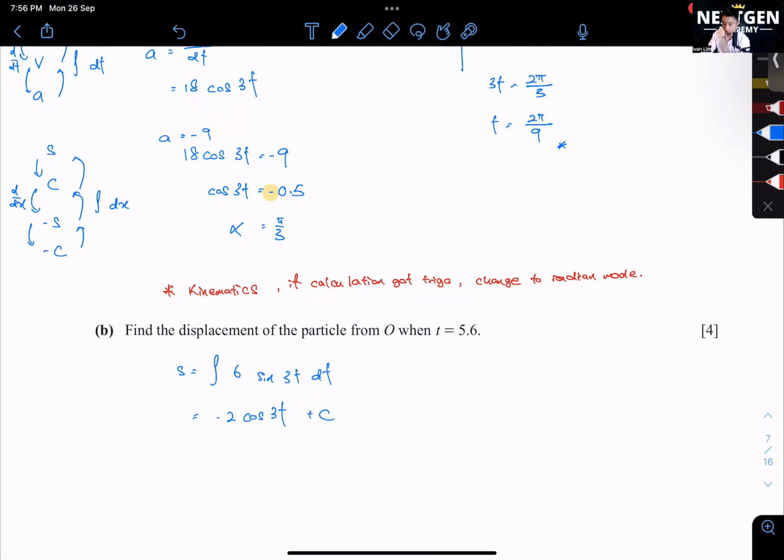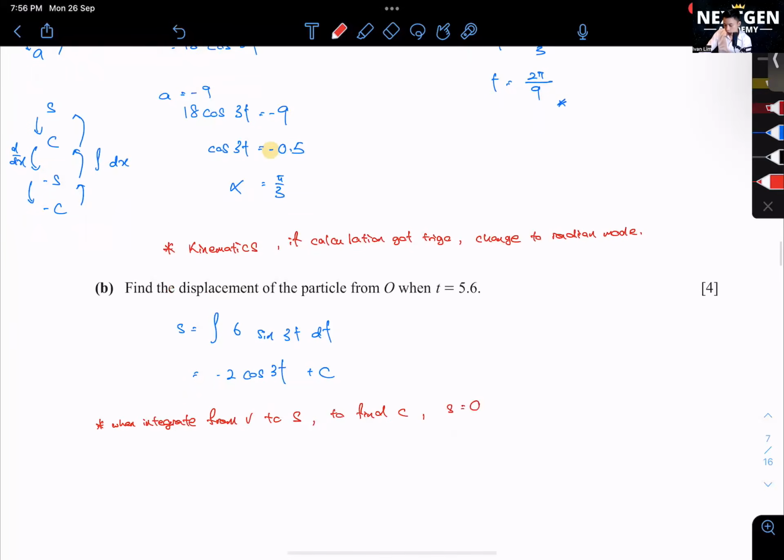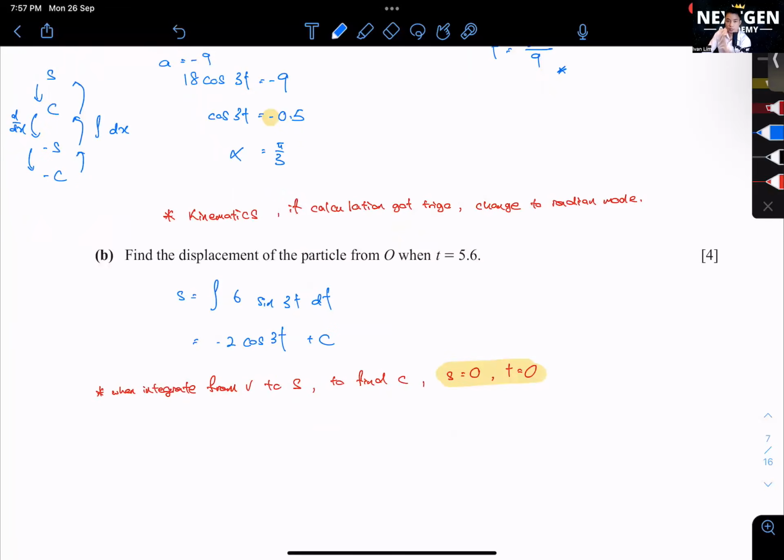Since it's an indefinite integral, how to find plus c? Always remember this: from v to s, when you integrate, to find c, s equals 0 when t equals 0. This is the main equation for you to find the value of c. They won't give you, you just need to remember that when your time is 0, your displacement is 0.